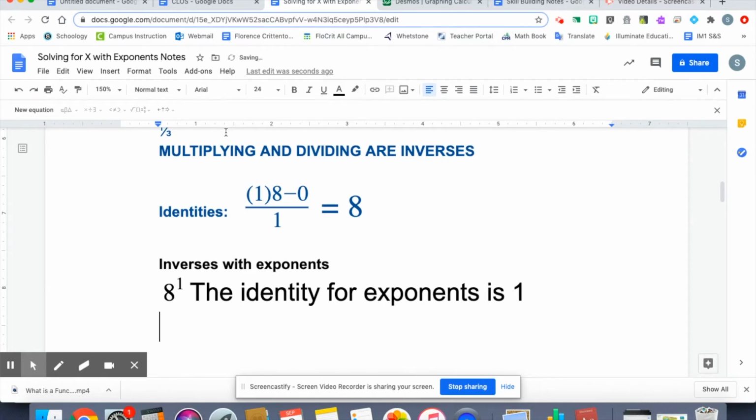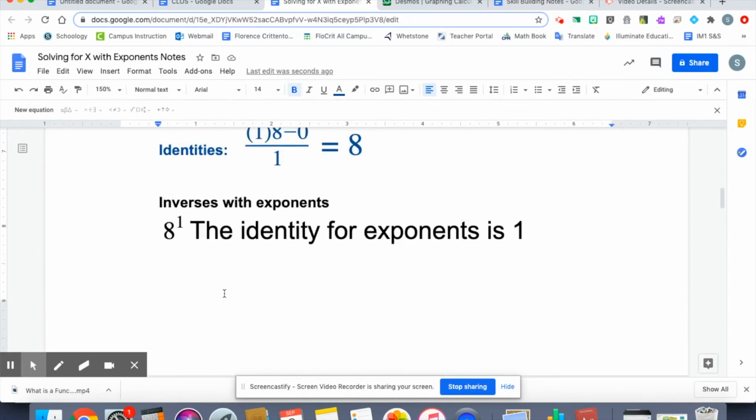So then, what's the inverse for an exponent? Well, to get there, I have to first start by teaching you a quick exponent rule. It's called the exponent on exponent rule.